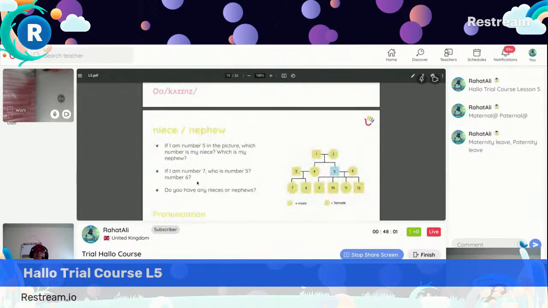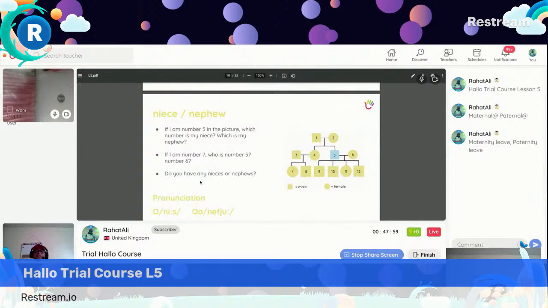If I'm number 5 in the picture, which number is my niece? Which is my nephew? If I'm number five, so my niece and nephew will be 7 and 8. Mm-hmm.